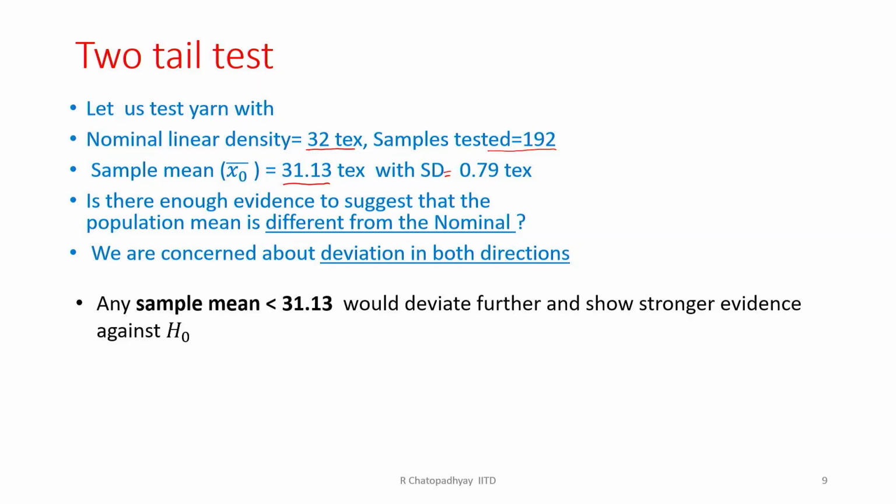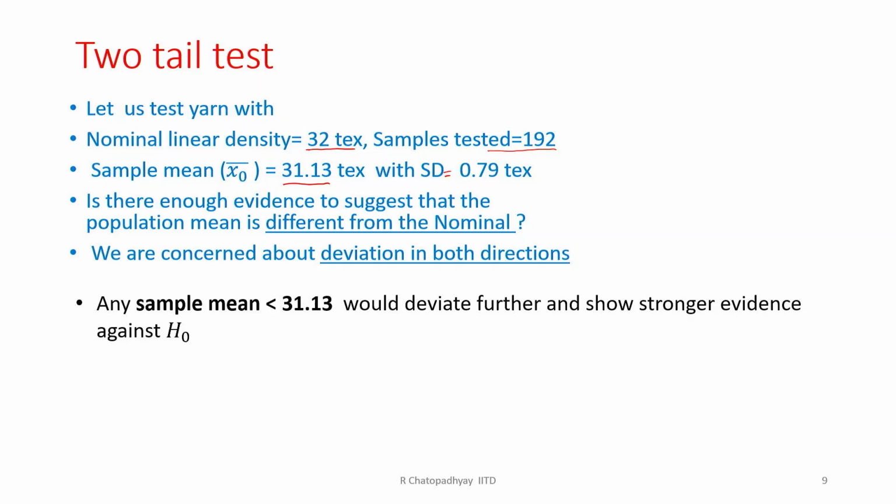So what does nominal linear density mean? When I set a machine, a ring spinning machine or rotor spinning machine, I hope you are all familiar with the machines which are used to produce yarns for a particular count. So we set a machine to produce a particular count, and we call it the nominal count of yarn.